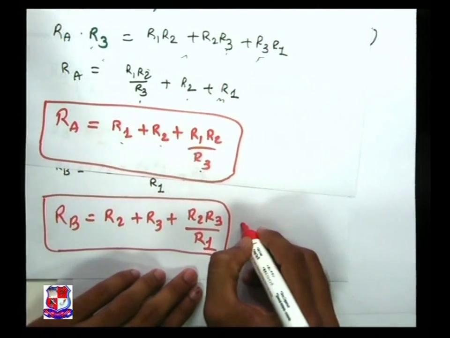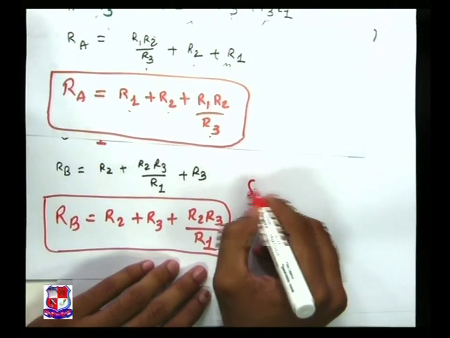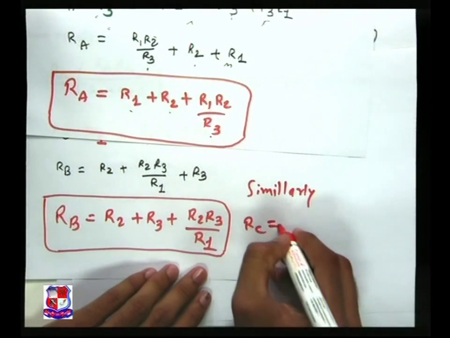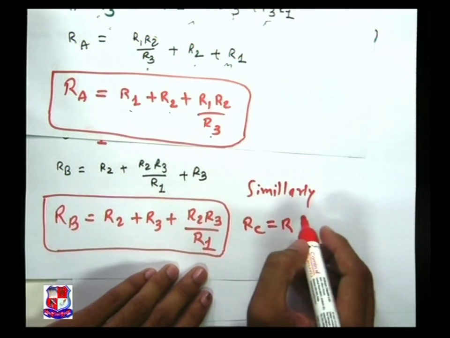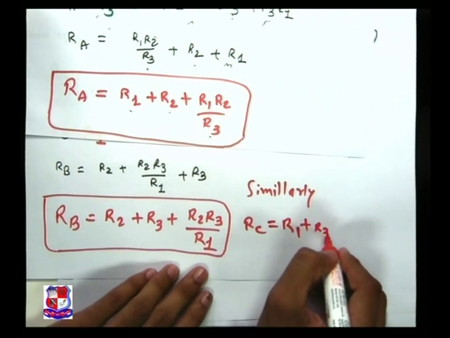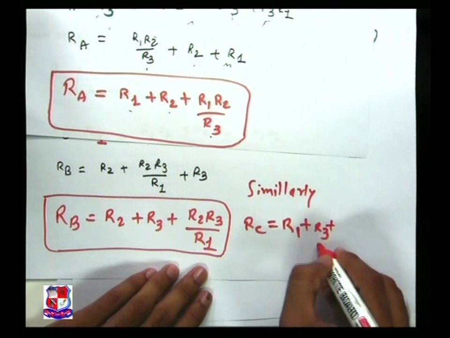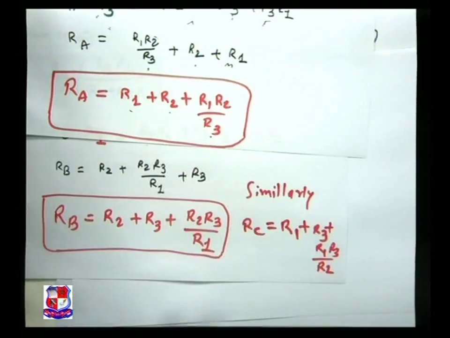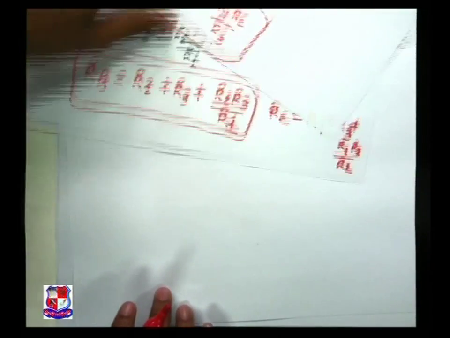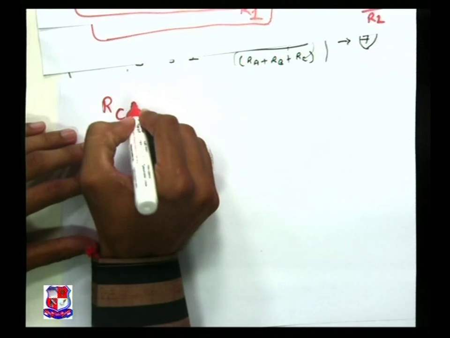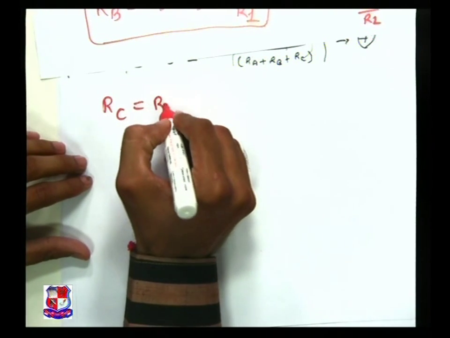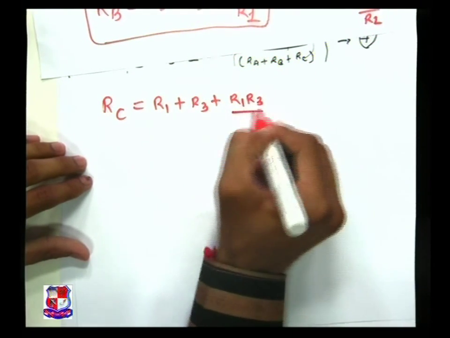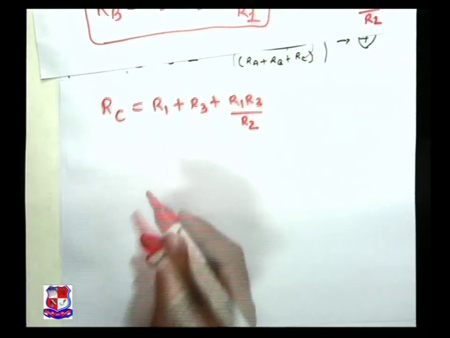We get RC equal to R1 plus R3 plus R1 R3 upon R2. So it is the equation of RC.